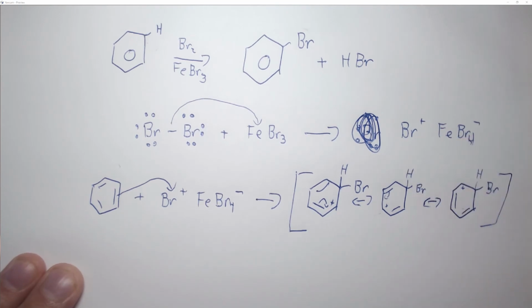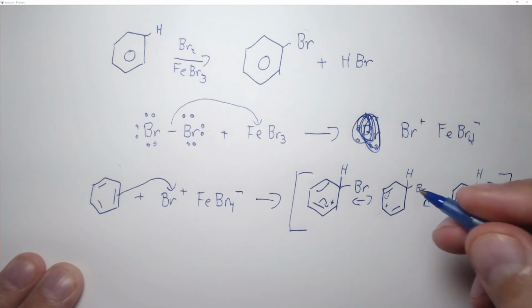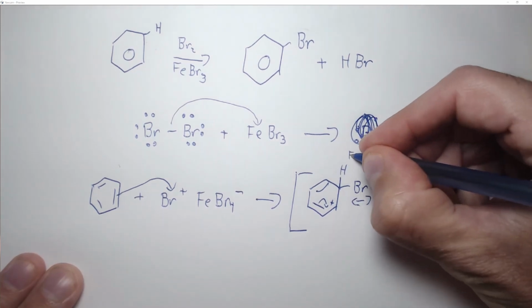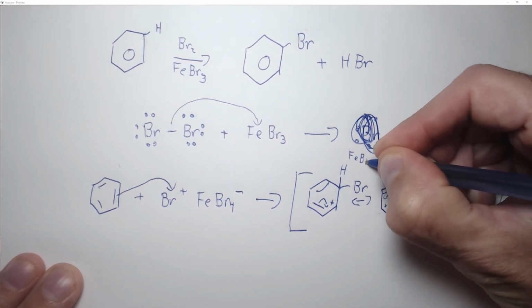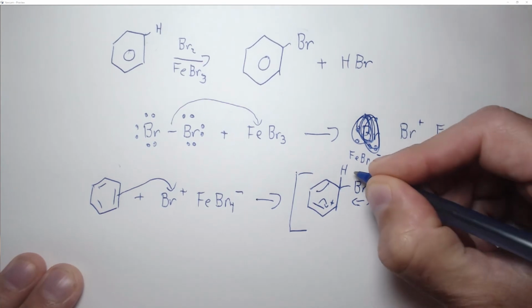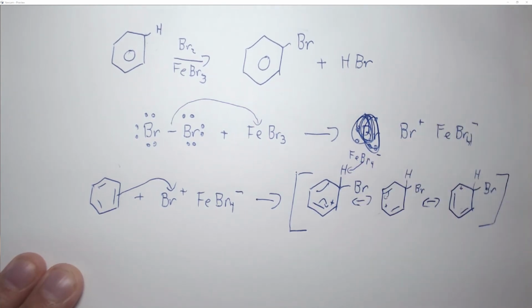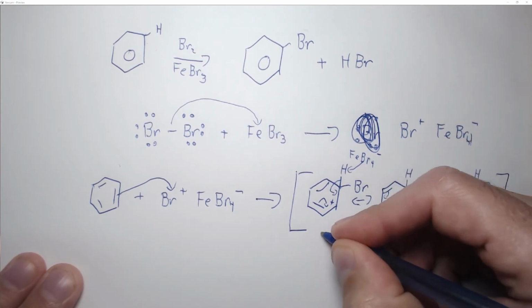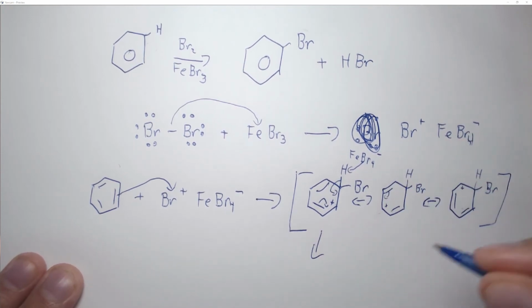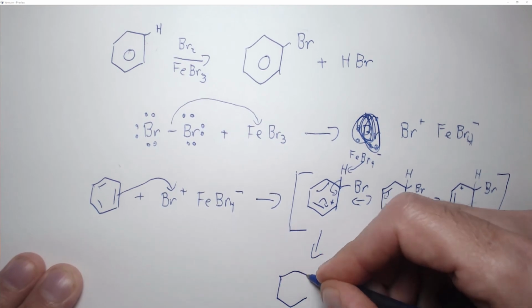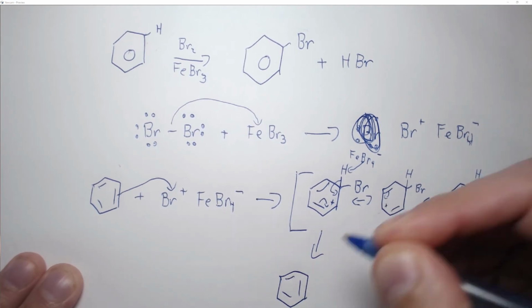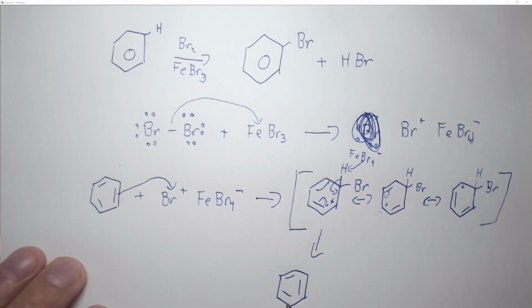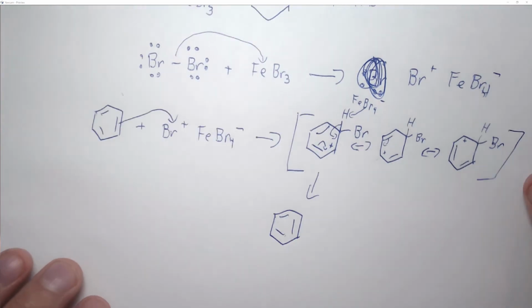So what do we have in here that can help us to do that? Well, we have FeBr4 minus. So this can attack this, and this bond can drop there. And when we do that, we regain the aromatic ring, which is important, remember, because this is especially stable. Let me move this up a bit.